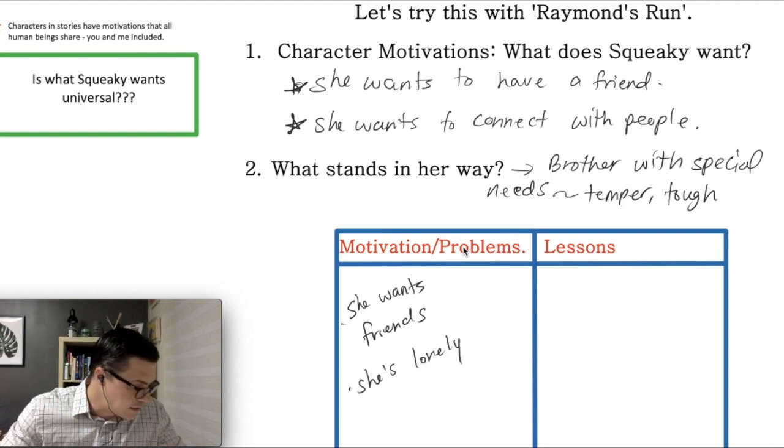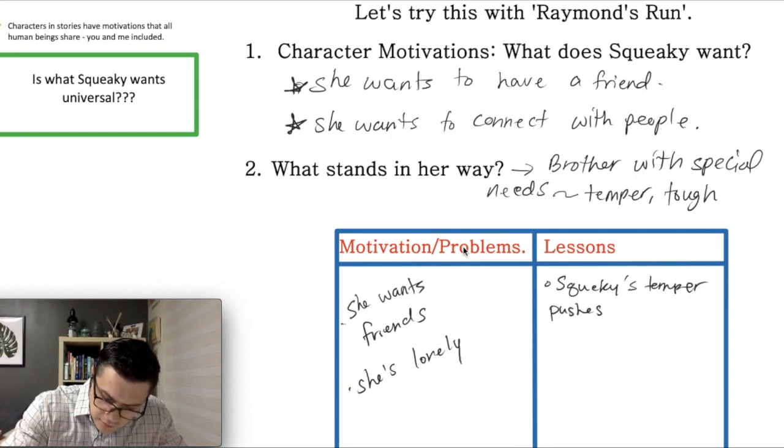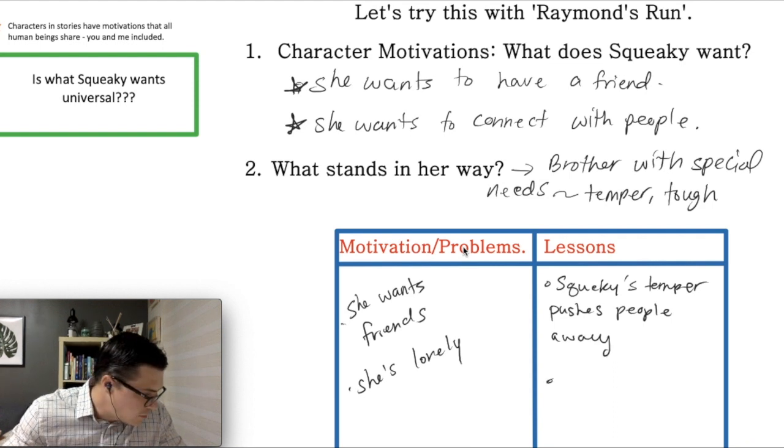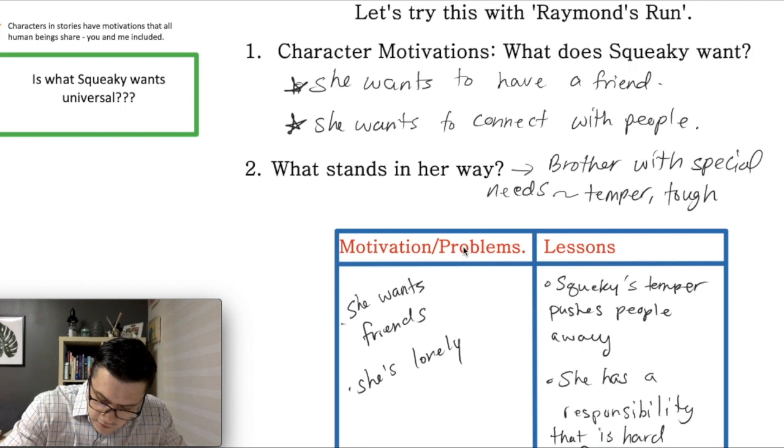Okay, and then for lessons, it's Squeaky's temper pushes people away. And also, I'm going to write that she has a responsibility that is hard for her.